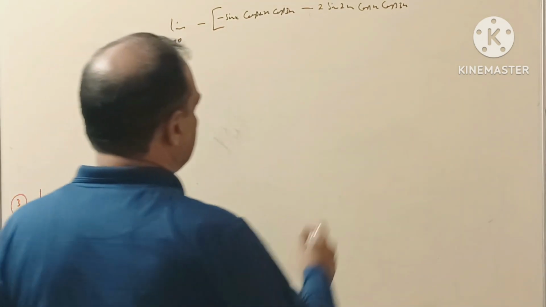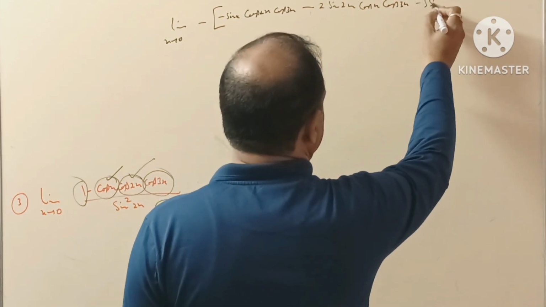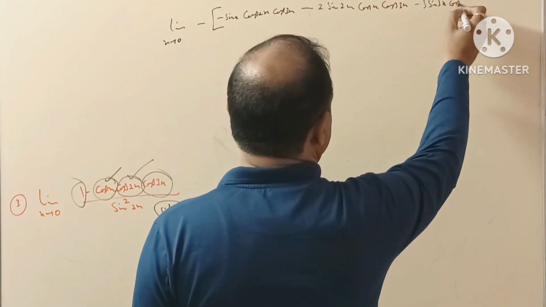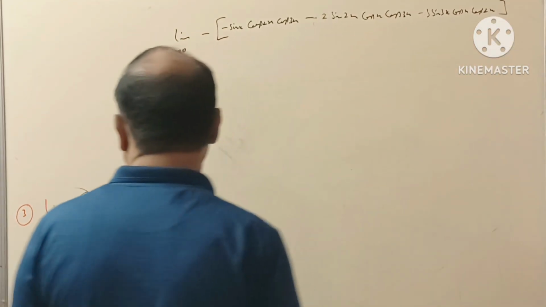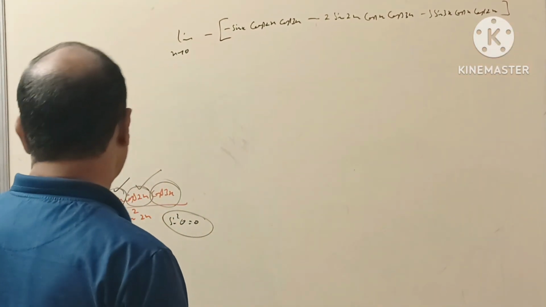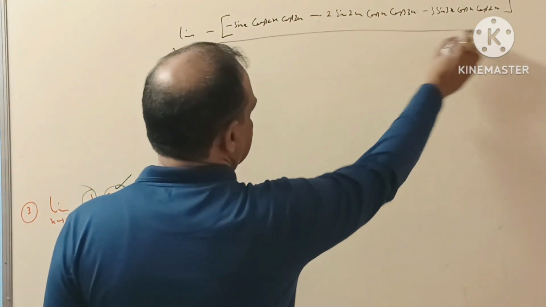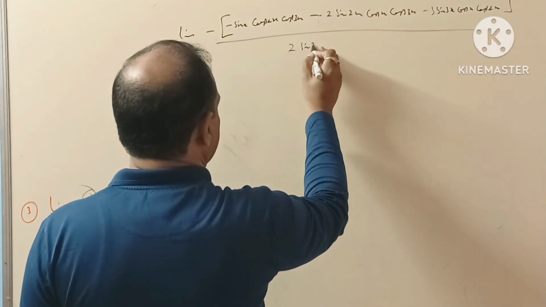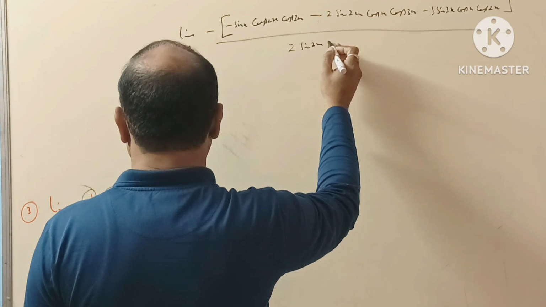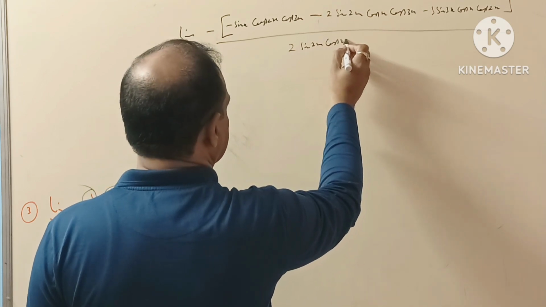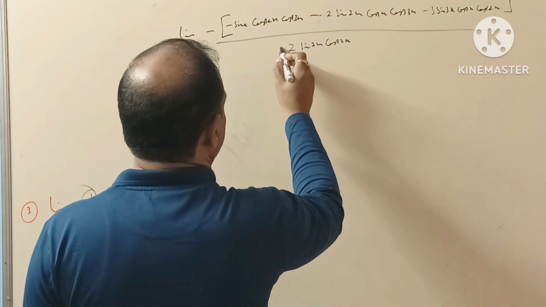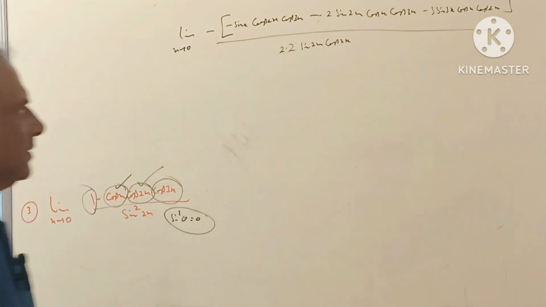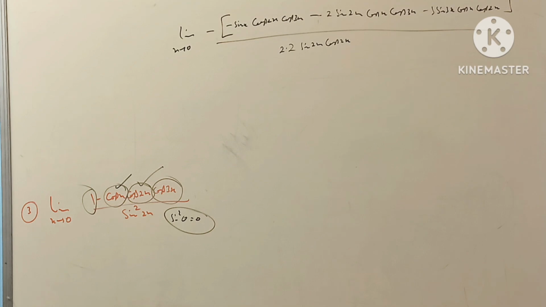It will give minus 3 sin 3x, and cos x and cos 2x remain as they are. In the denominator you will have 2 sin x cos x, and differentiating the sine square gives this. This is the required differentiation of the whole expression.